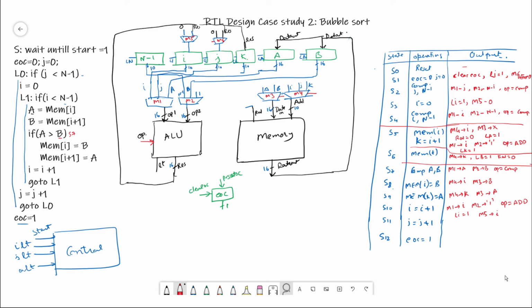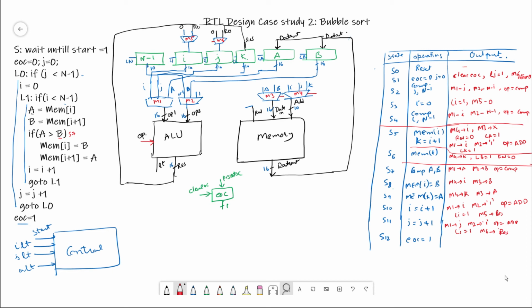Similarly for the S11 state, which is similar to this, M1 will select J, M2 will select 1, and the operation is going to be add. Lj will become 1 and M6 will select j, or here we are saying it will select res.